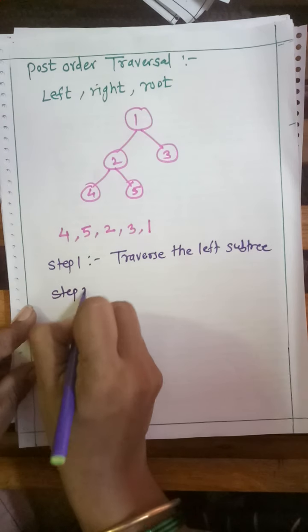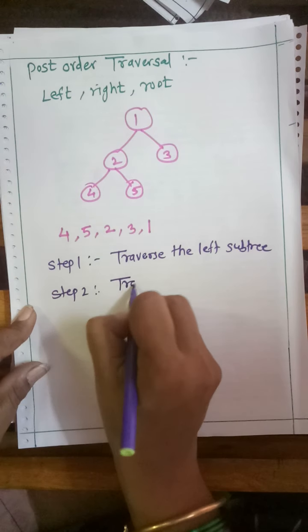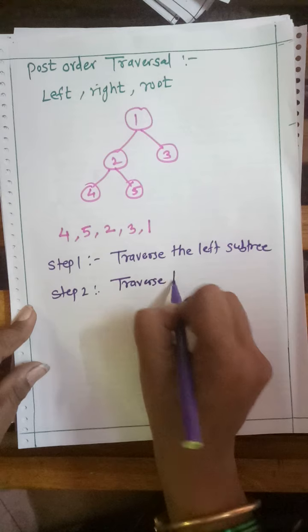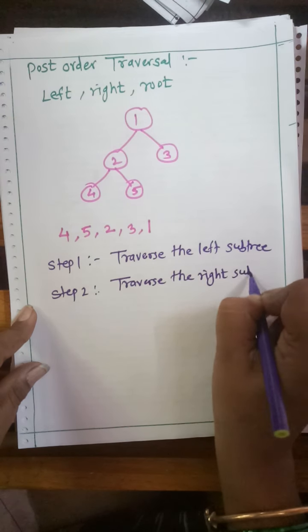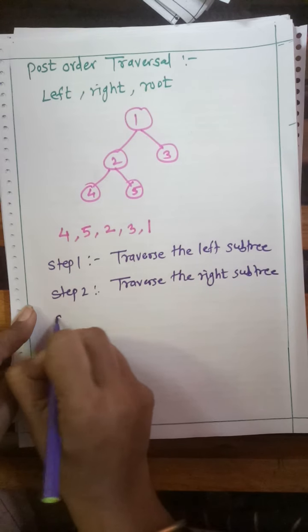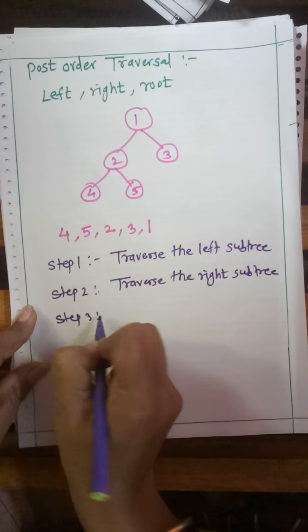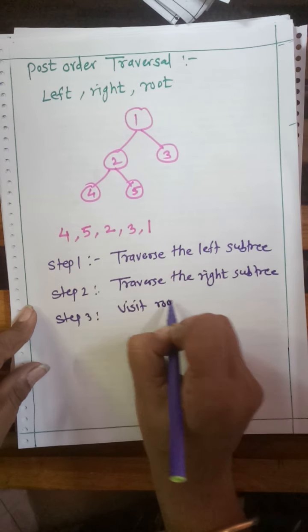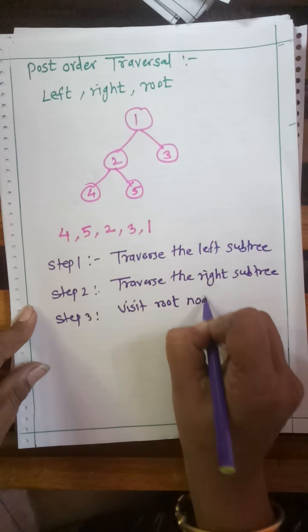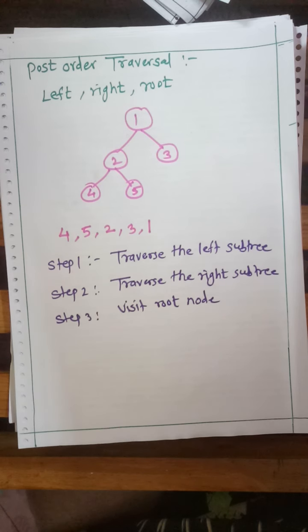Step second, traverse the right subtree. And the last step is to visit the root node. This is the post order traversal of the binary tree.